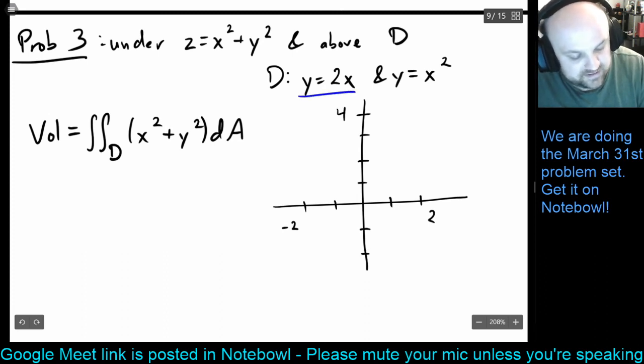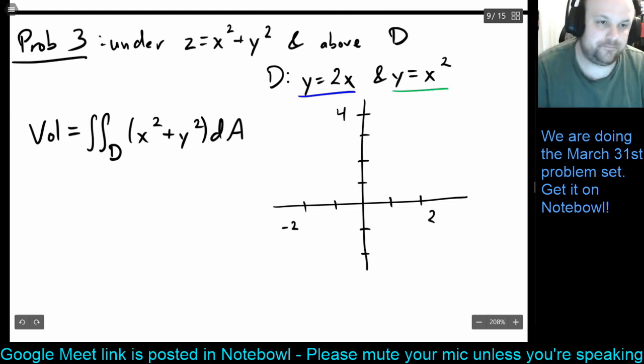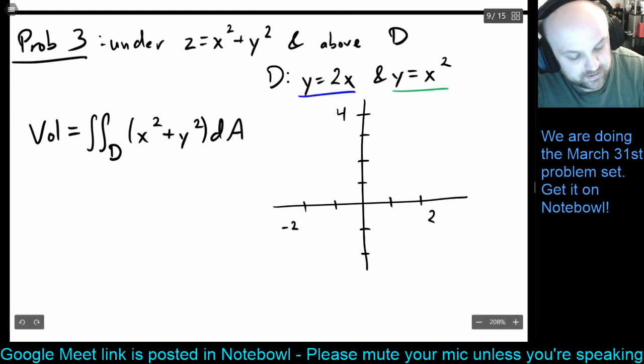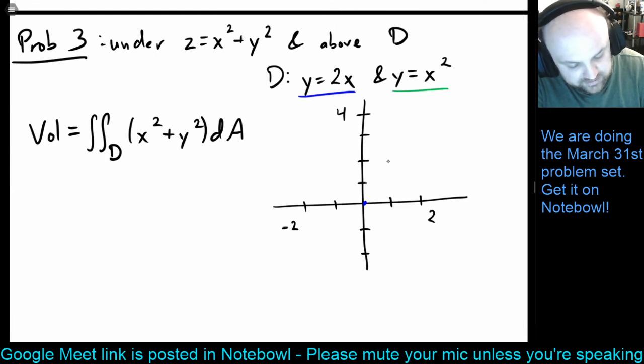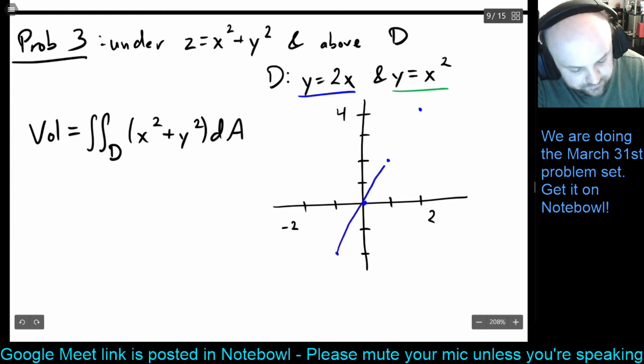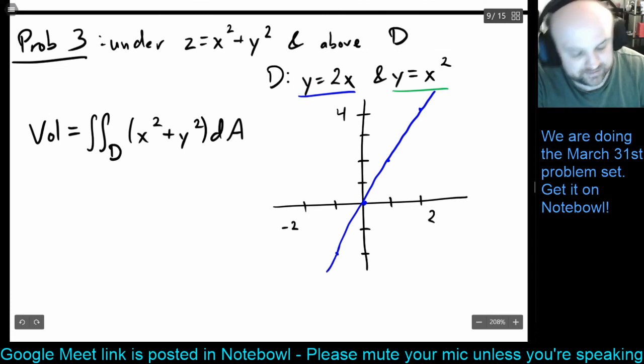So again, I'll graph this in blue and this one in green. The blue one here starts at the origin, at x equals 1, y is 2, x equals 2, y is 4, x equals -1, y is -2. Here's our blue function. And y equals x squared is just the usual parabola.